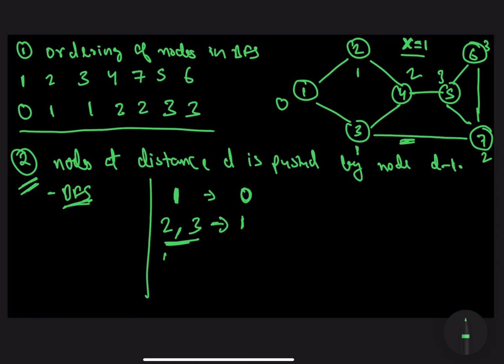Again from this second property, since nodes 2 and 3 are at a distance of 1, the nodes 4 and 7, since they were pushed in by the node at a distance of 1, their distance will be equal to 2. And finally, the nodes which are adjacent to node 4 and 7 are the nodes 5 and 6 respectively. And again from the second property, their distance will be equal to 3.